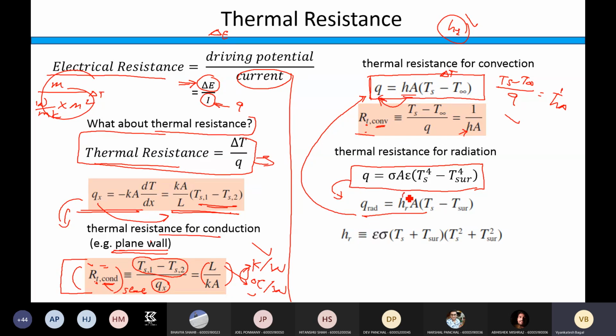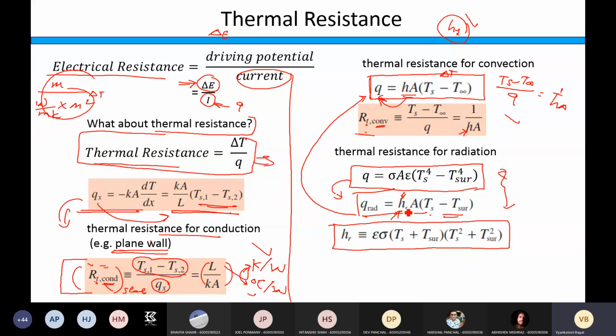H will be replaced by h_r, the radiative heat transfer coefficient. A will remain as it is. And the temperature difference is written as Ts minus T surrounding. Correct? So if I want to rewrite this equation in this form, I have to write the expression for h_r, the radiative heat transfer coefficient, equivalent to this. Then these two equations are one and the same.